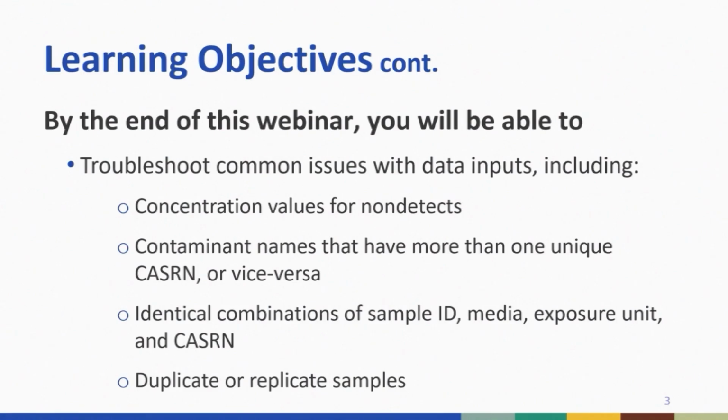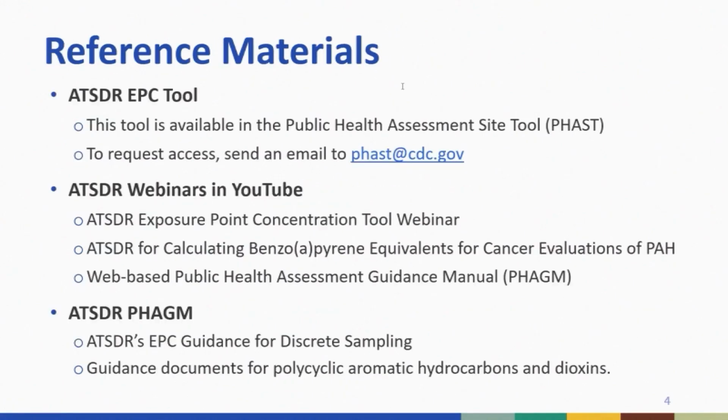Again, we're not getting into the details of exactly how to use the tool or interpret its results today, so you'll need to check out the reference materials on this next slide if you want to learn more about those topics. The ATSDR EPC tool is available to ATSDR staff and its health department partners in the Apple Tree program.